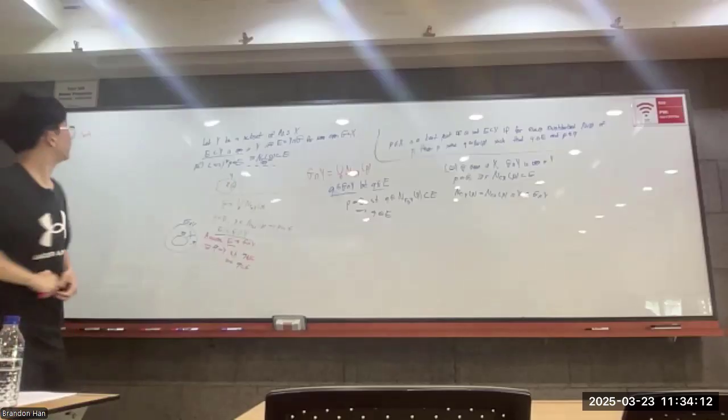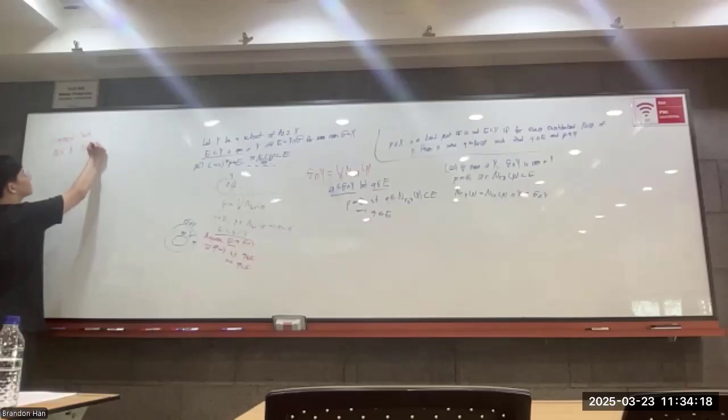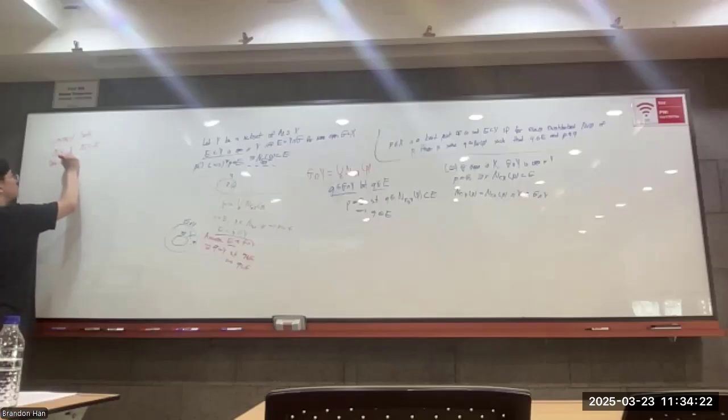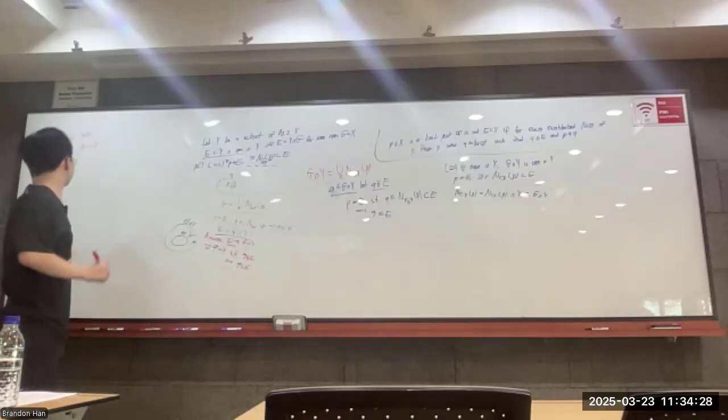So if you have a metric space X and some subset E in X, an open cover is a collection of open sets.